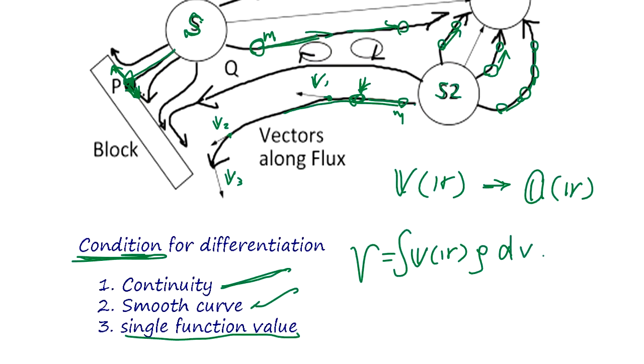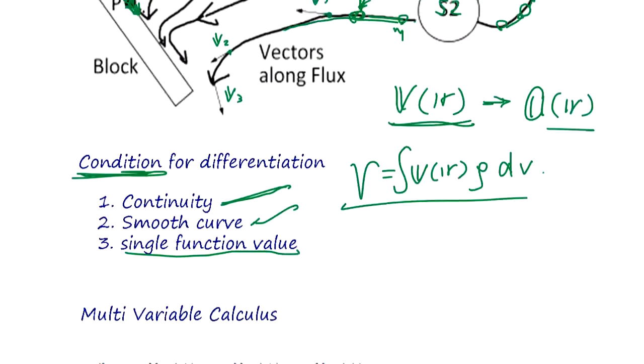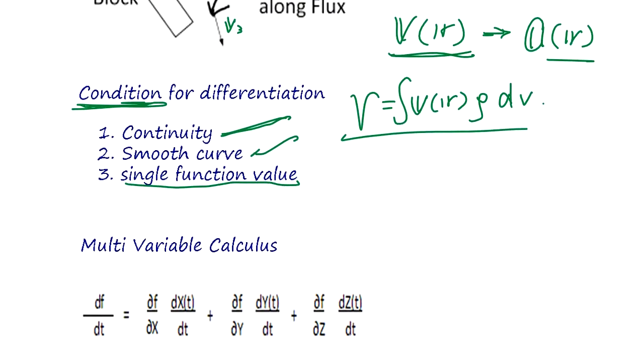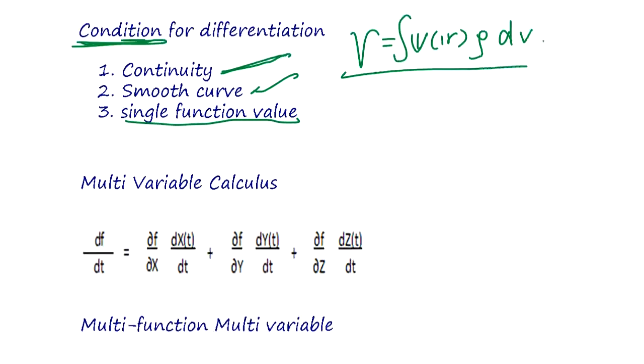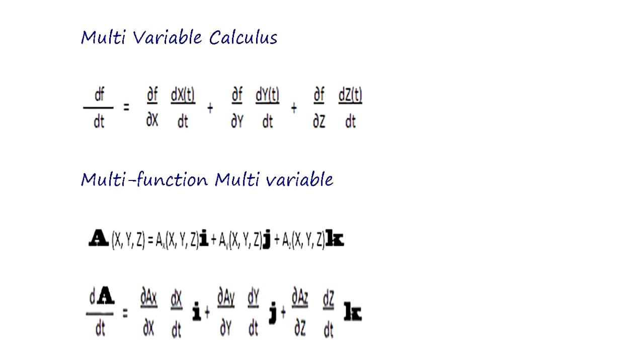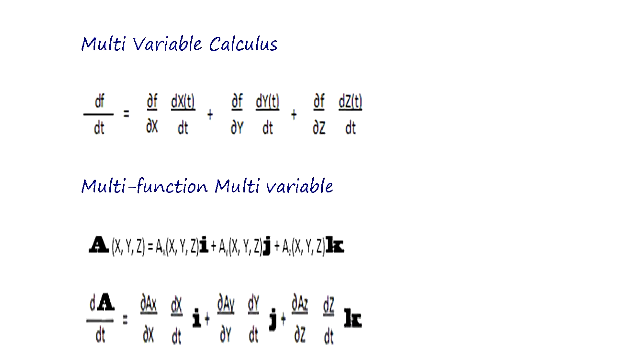Okay, so we need to be able to do the calculus over this kind of function, and that's what it's about. The next two videos show how to do this. Okay, and that's the vector calculus.